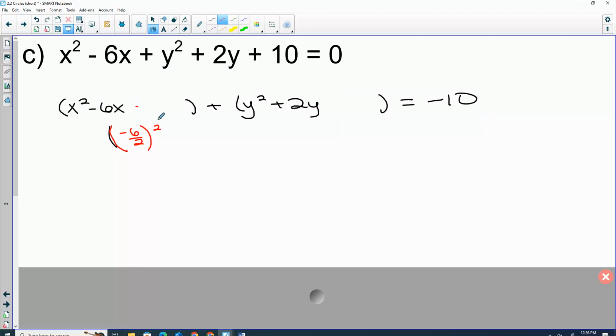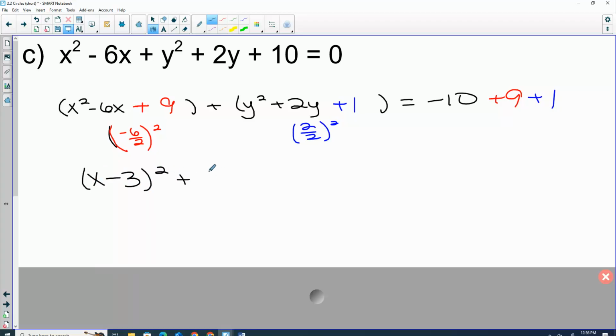Completing the square, so -6 divided by 2 is -3, squared is 9, so add 9 to both sides. 2 divided by 2 is 1, squared is 1, so add 1 to both sides. So this factors into x minus 3 squared plus y plus 1 squared equals 0.